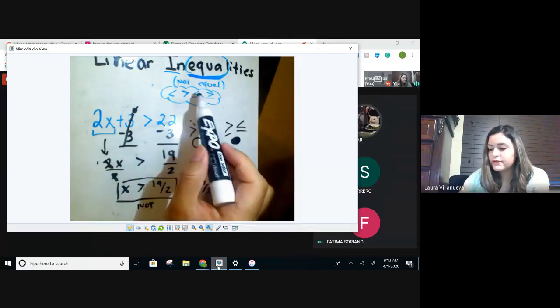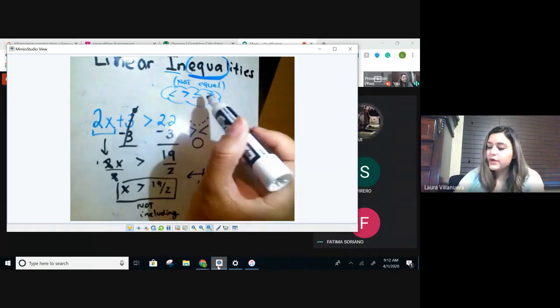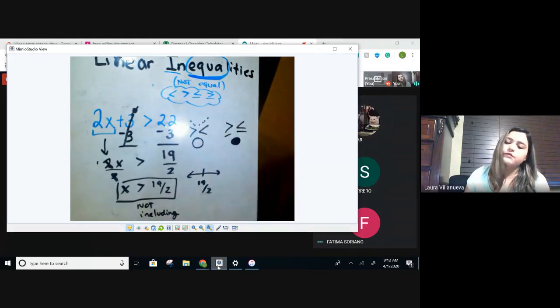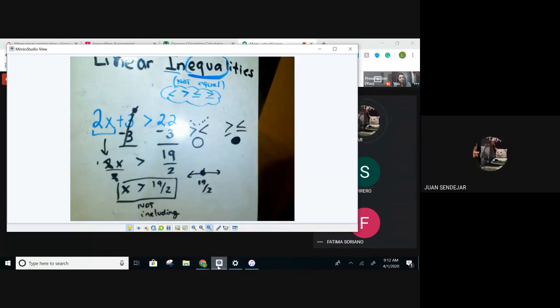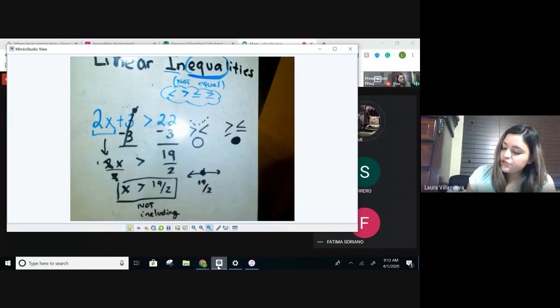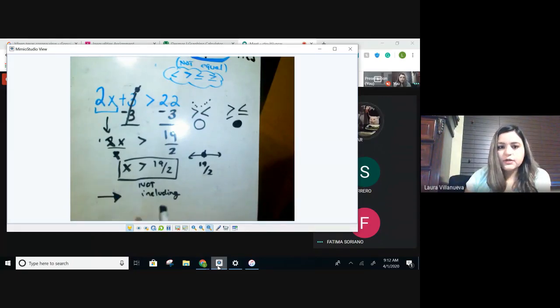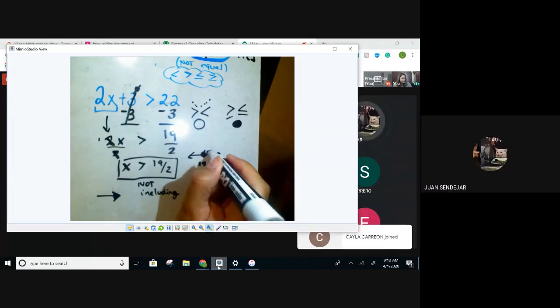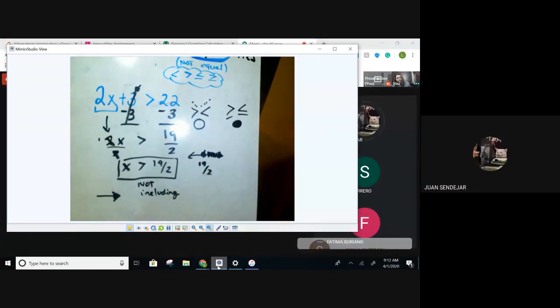When you don't have a little line underneath, you're not including 19 over 2. If you do have a little line, that means you are including 19 over 2, so you're going to do a closed circle. You're going to shade in the direction of the arrow. This one is pointing this way, so you're going to shade to the right. Are you good so far?